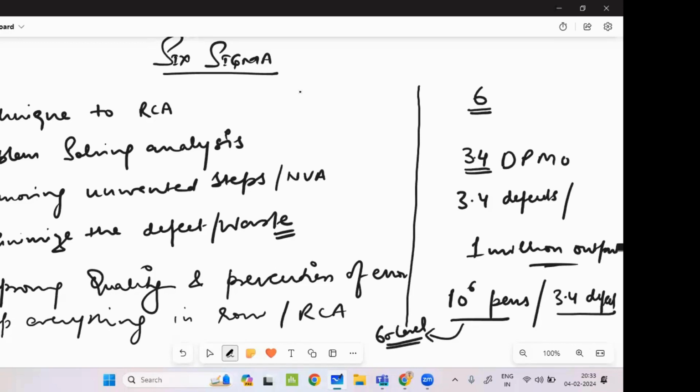You can assume that your processes are very robust. This is a number through which you can understand the Six Sigma level.